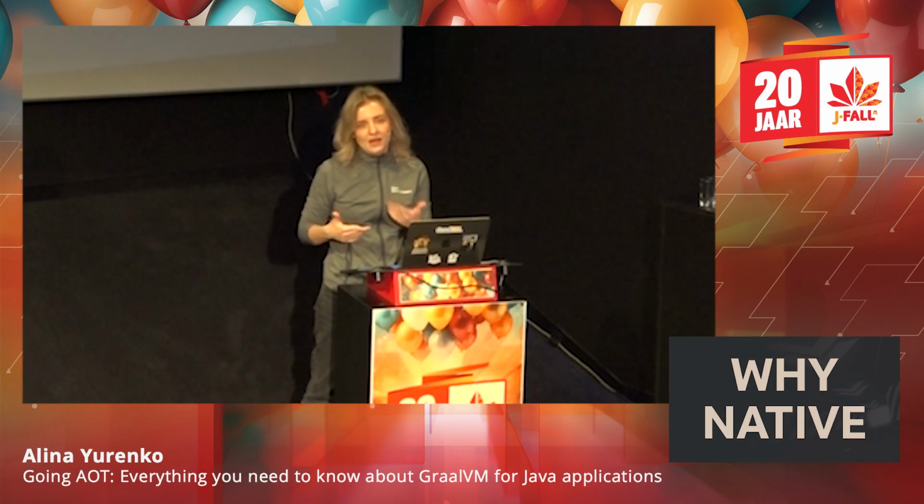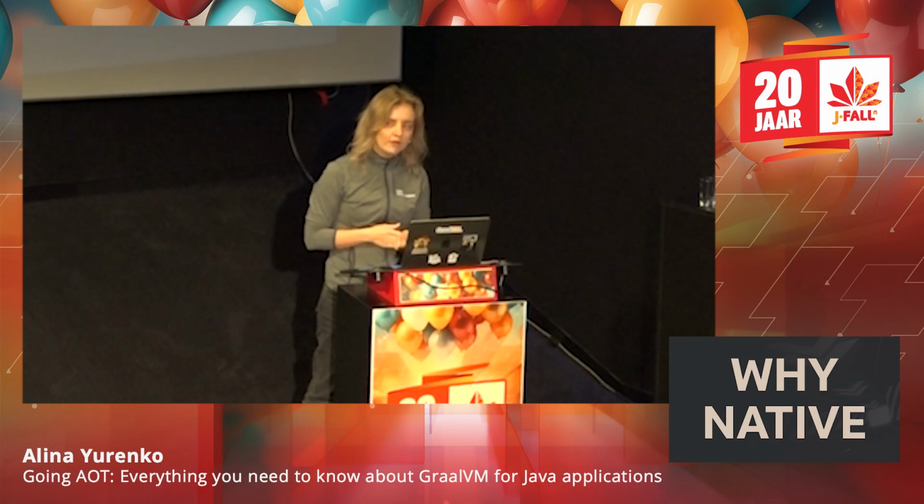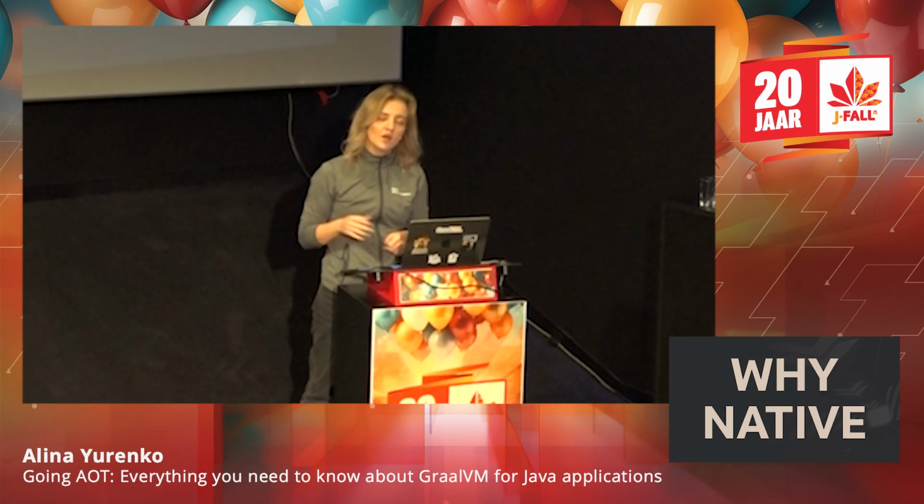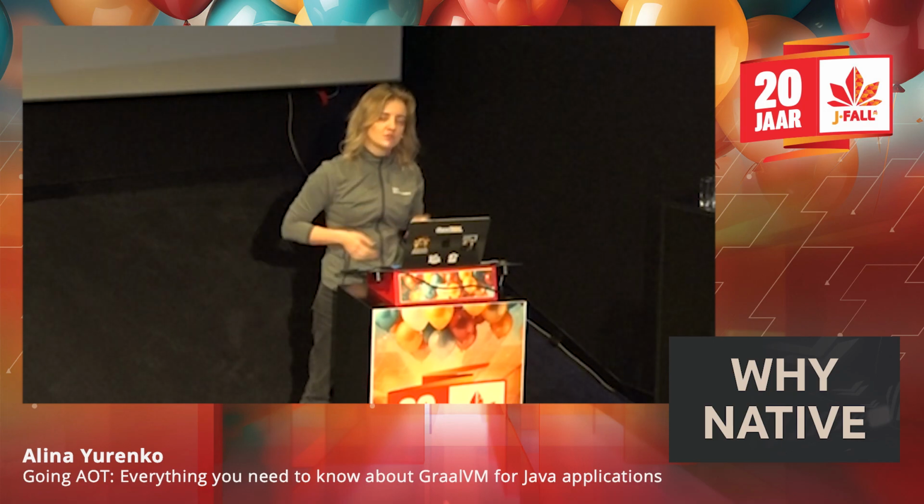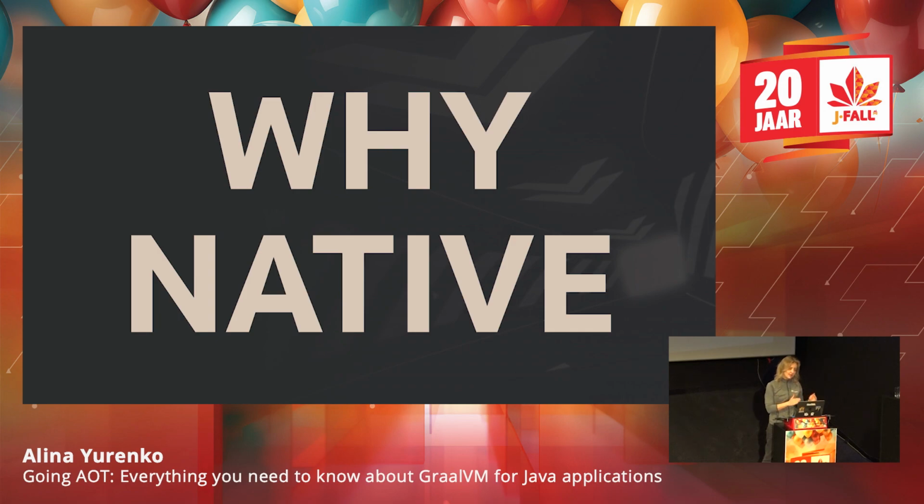So this is maybe an outcome of this closed world assumption, but it's also interesting in terms of security because you cannot attack that app from those sides. And last but not least, there are certain attack vectors that target specifically just-in-time compilation. So those are just not possible in native image because there is no just-in-time compilation anymore. It's all native code at that point.